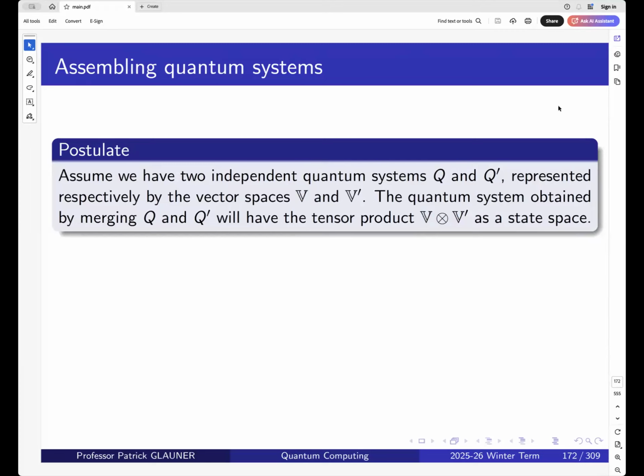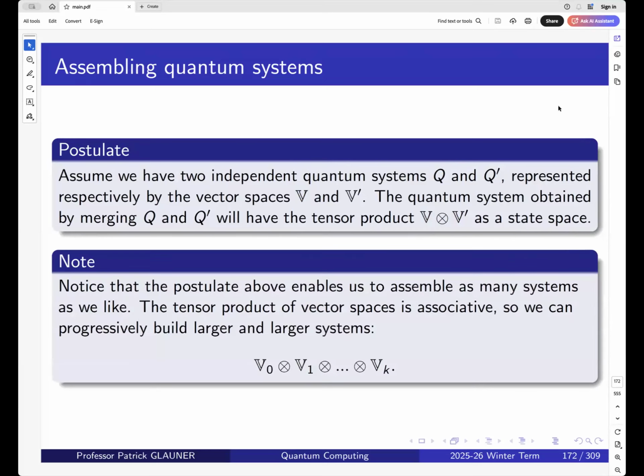This is actually just more generalized than what we discussed last week when we started assembling systems, but it isn't actually different. It's just a bit of a more generic explanation. And very importantly, we can do more than just assembling two systems.